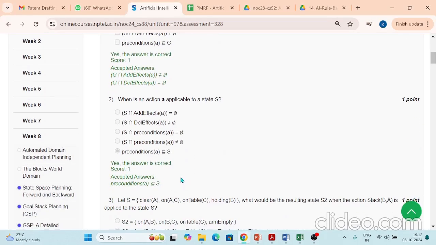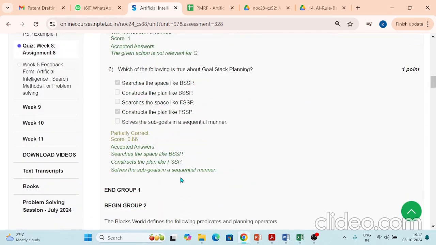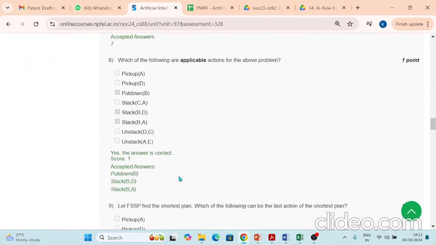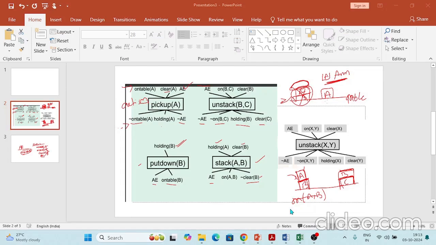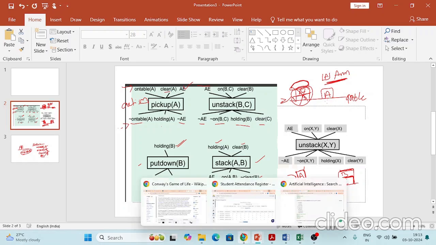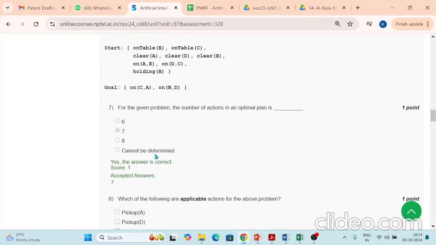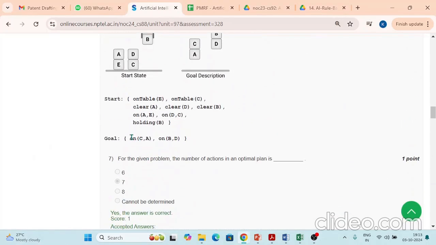If we see now, the remaining two are stack CA and stack BD. For stack CA, on CA is in our goal. So it is not equal to the null set.